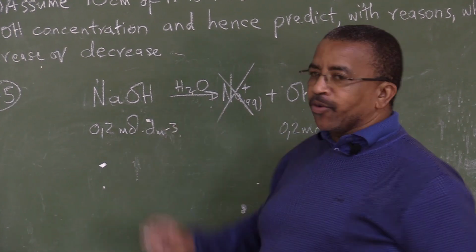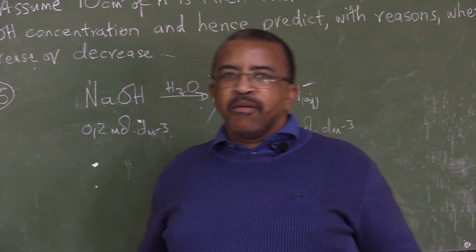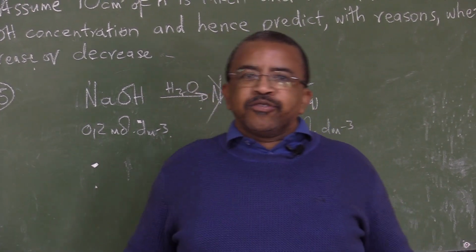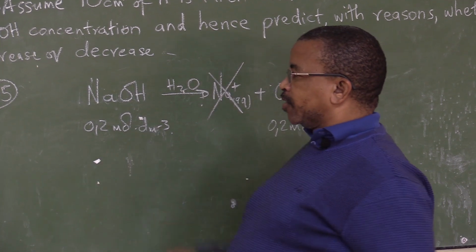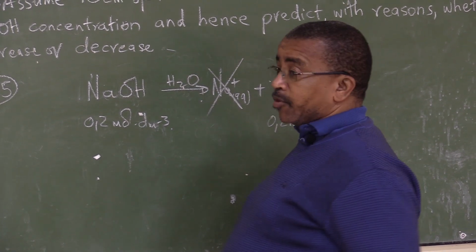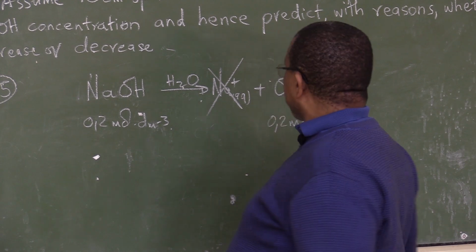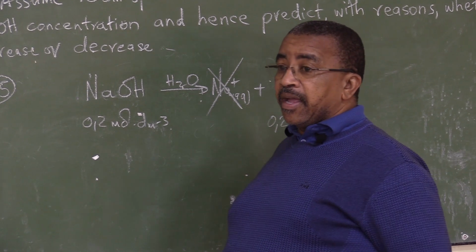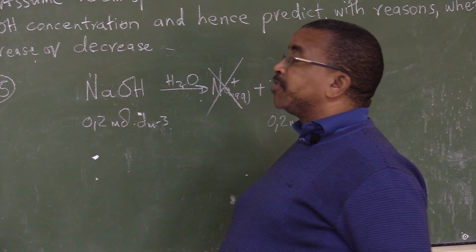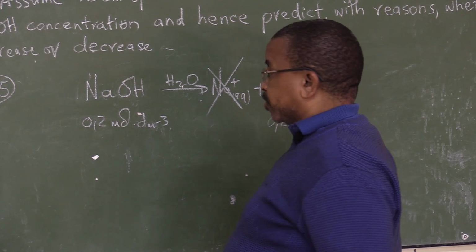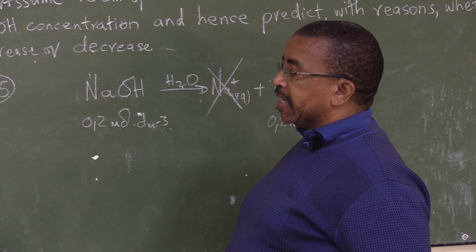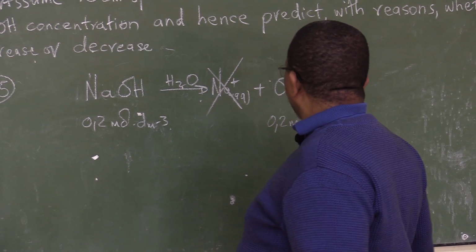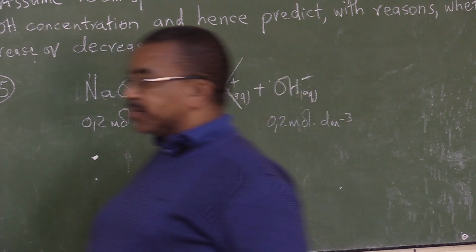The ratio is the same: 1 mole of sodium hydroxide produces 1 mole of OH minus. So 0.2 will give us 0.2. That is the concentration of OH minus, 0.2 mole per cubic decimeter.